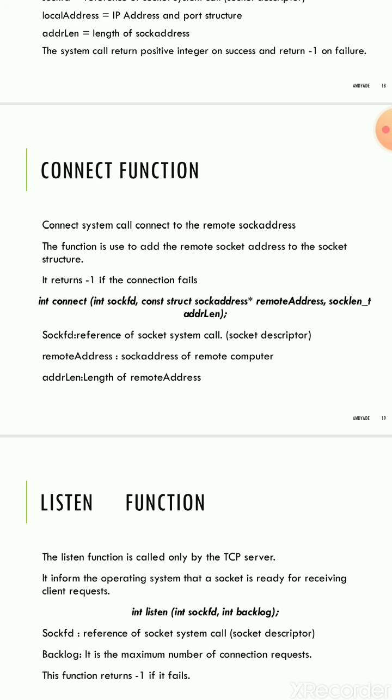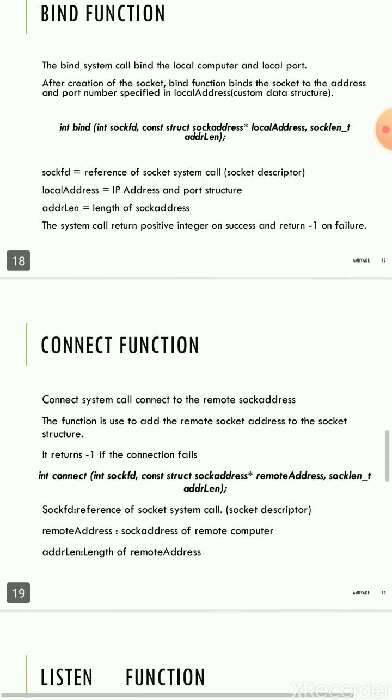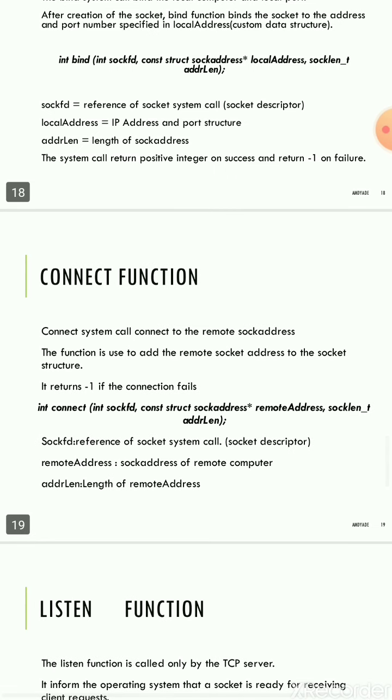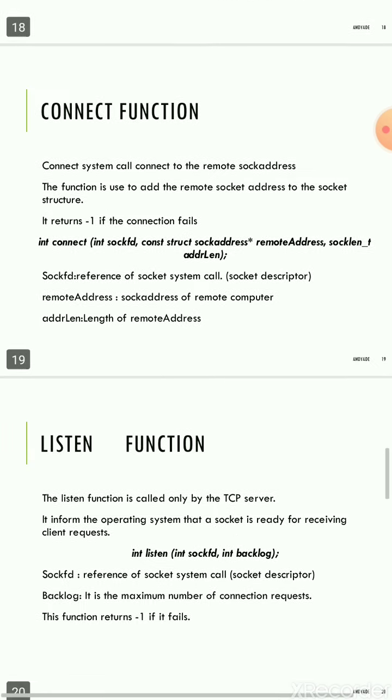The format is int connect(sockfd, remote address, address length). It is the same as bind, but bind has a local address and connect has the remote address. The sockfd refers to the main socket connection, the remote address is the server address, and then the address length of that machine.